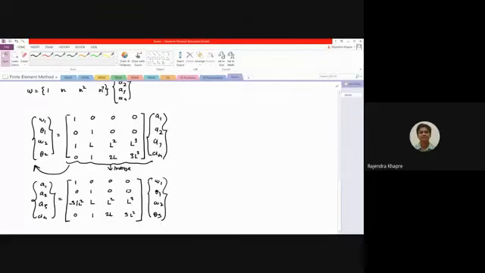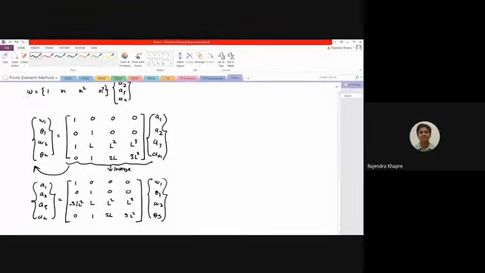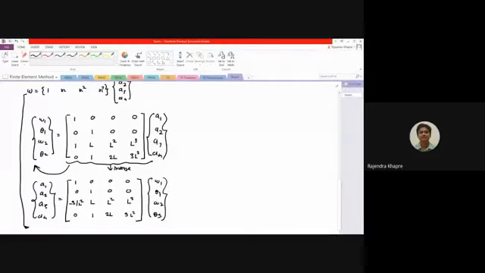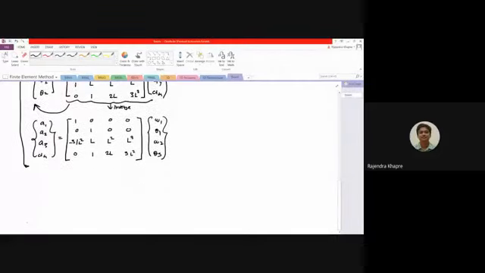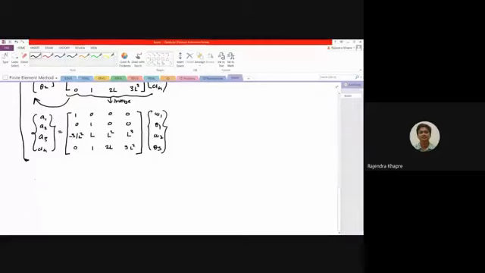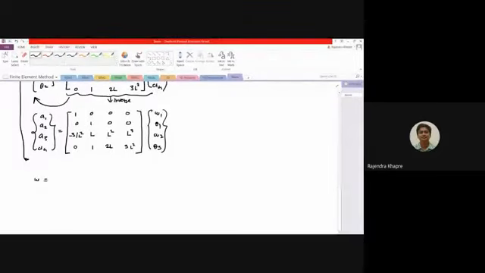So now I can rewrite this entire expression into a simple form. Let me go down over here. Earlier I was having small w. Now this can be rewritten as 1, x, x square, and x to the power 3, multiplied by this entire thing.